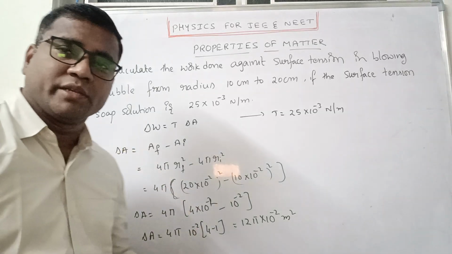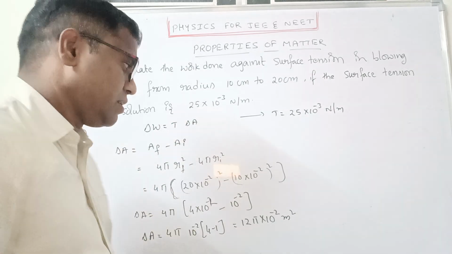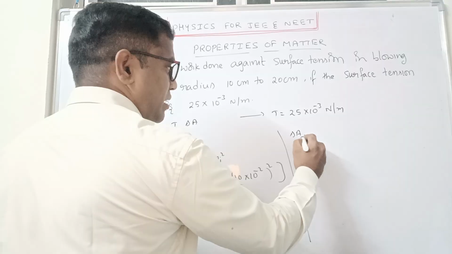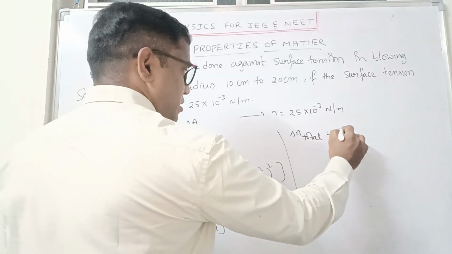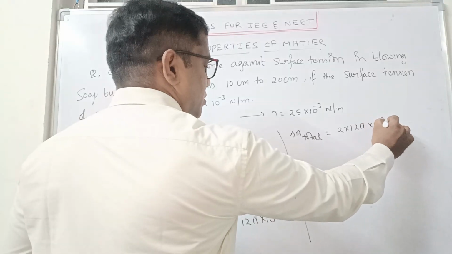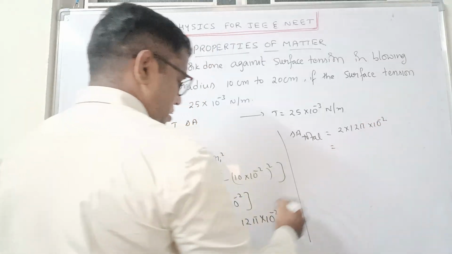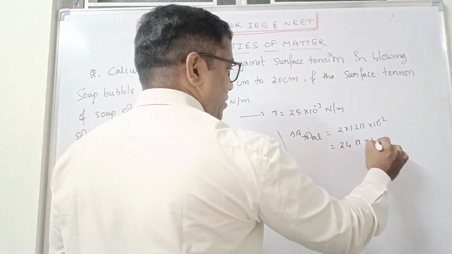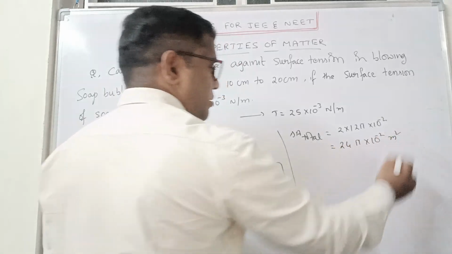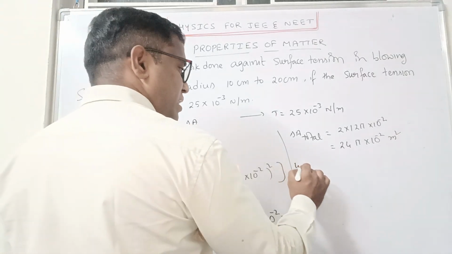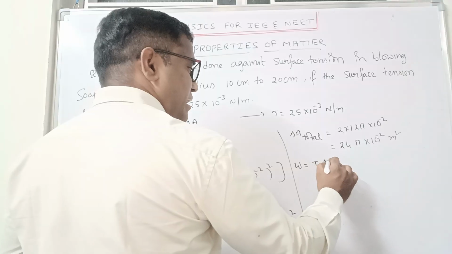But it is a soap solution, so delta A becomes twice. So here I will write a total delta A. Delta A total can be written as 2 into 12 pi into 10 power minus 2. So 2 into 12 is 24 pi into 10 power minus 2 meters square. Now we can calculate the work done. Work done can be written as T into delta A total.